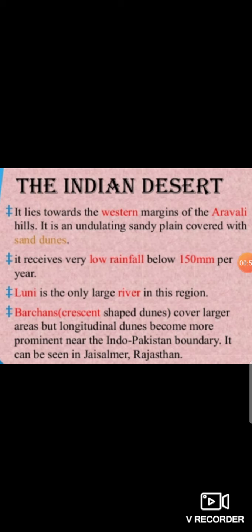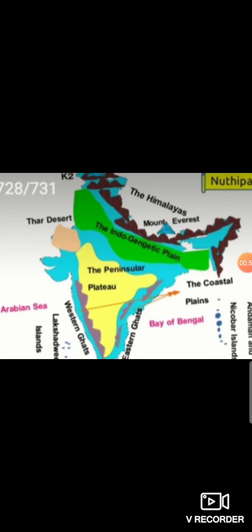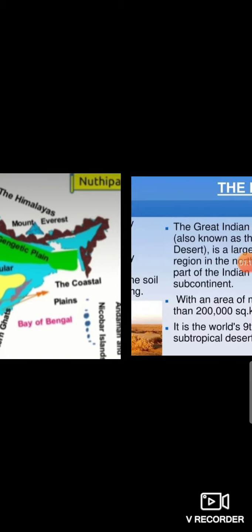Luni is the only large river in this region. Now, through this map, you can see that it lies in the Indian states of Rajasthan, southern portion of Haryana and Punjab state, and northern Gujarat.